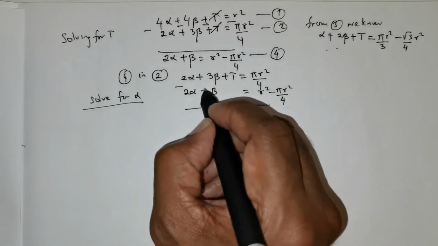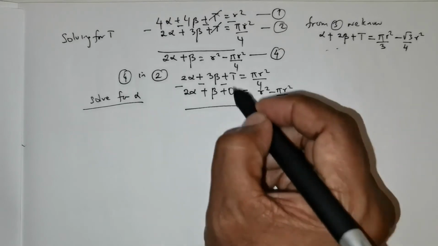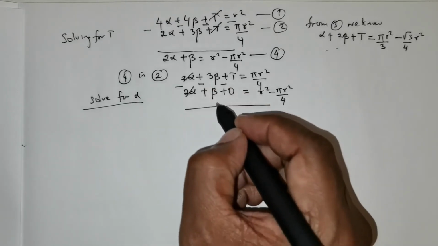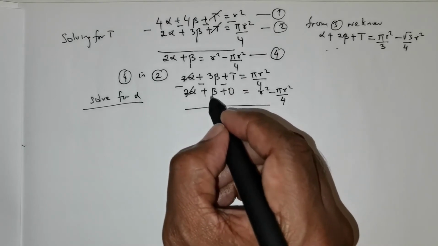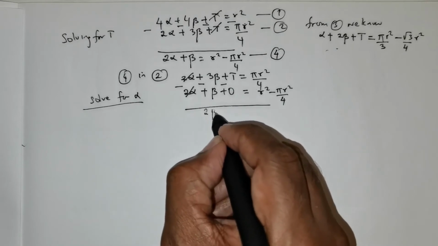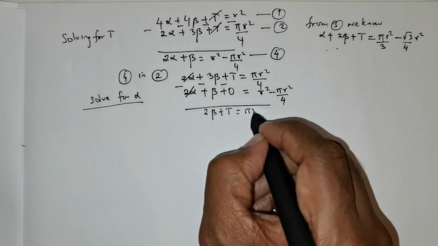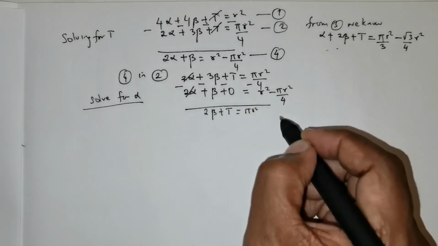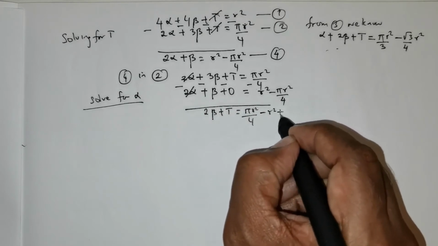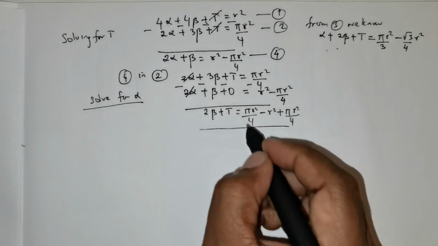So I change the sign here. Let me place a 0 there just for continuity. So 2 alpha can be cancelled. 3 beta minus beta would give me 2 beta plus t is equal to pi r squared over 4, minus r squared, plus pi r squared over 4.